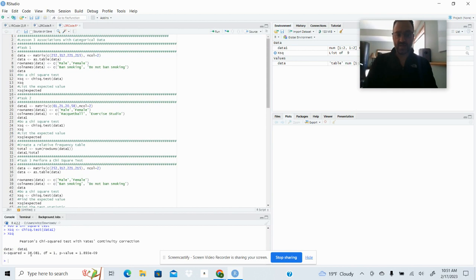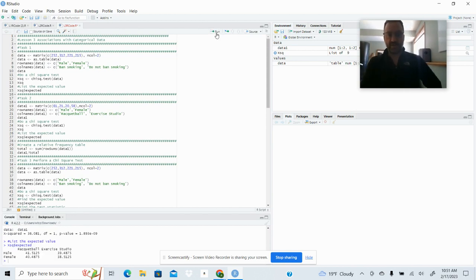And notice it's 36.81. And then I can also find my expected value by doing that chi-squared dollar sign expected. And then if I wanted to do my column, I do the total is a sum of the row sums of data 1 and the data divided by total. And I can get a real quick relative frequency table.